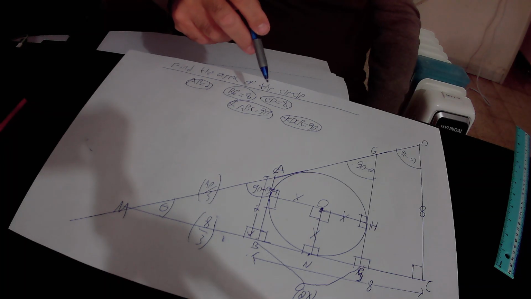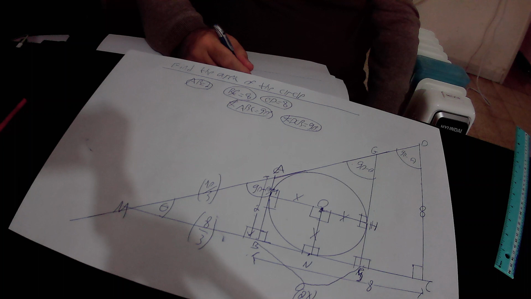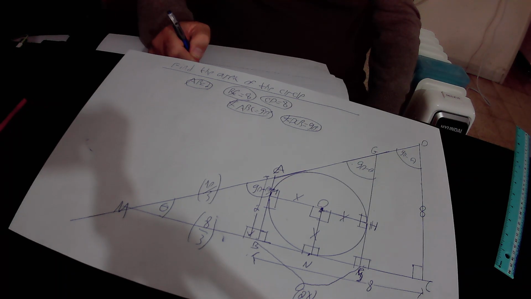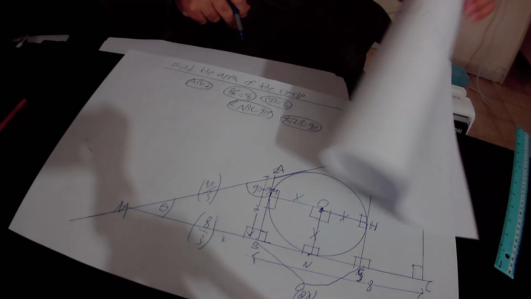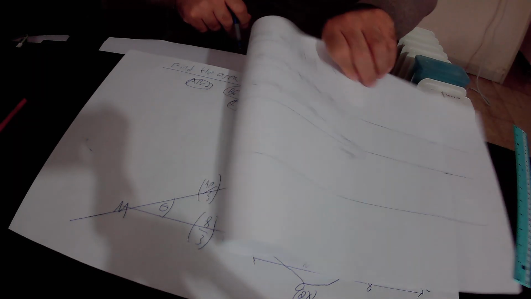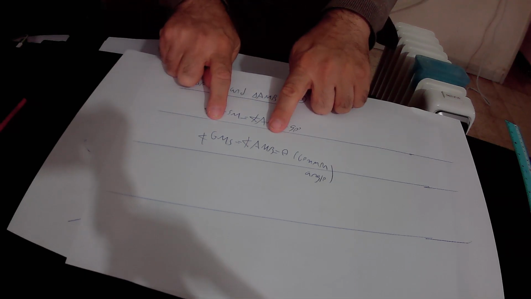We can define angle theta also as angle A and B. Again, this equation means that angle theta equals itself.